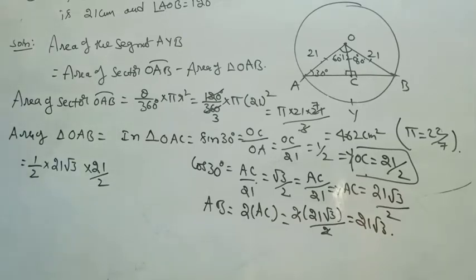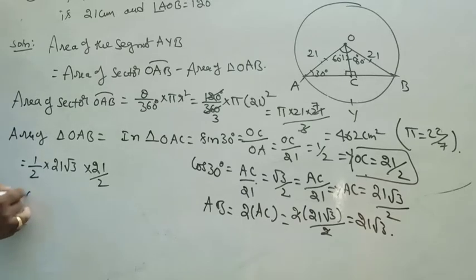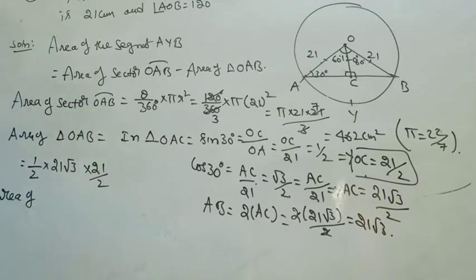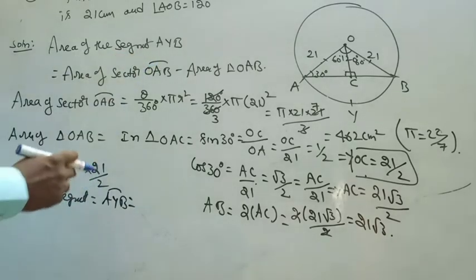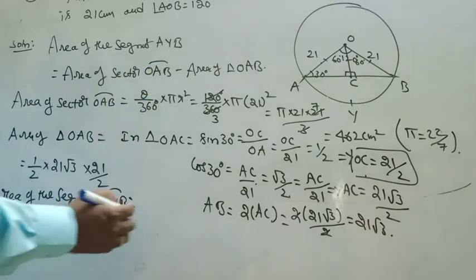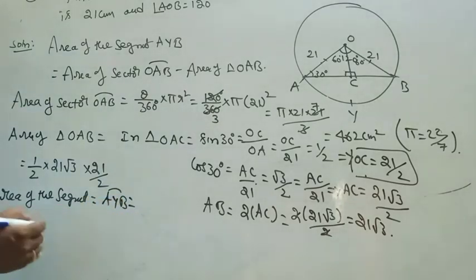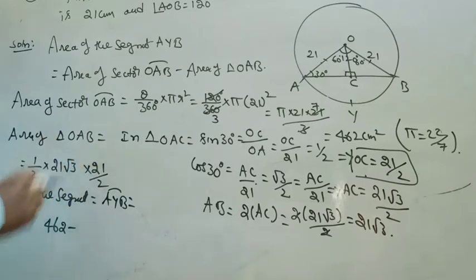See, my dear students, the area of the segment AYB is the area of the sector OAB, which we already found as 462, minus the area of the triangle. The area of the triangle is half into base into height, that is 441 root 3 by 4.